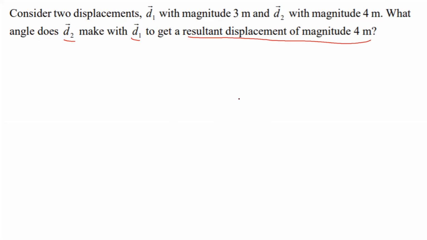So let's assume this is the first displacement, D1. What is the magnitude of D1? Can you tell me what is the magnitude of D1? 3 meters. Now, what is the magnitude of D2? The magnitude of D2 is 4.